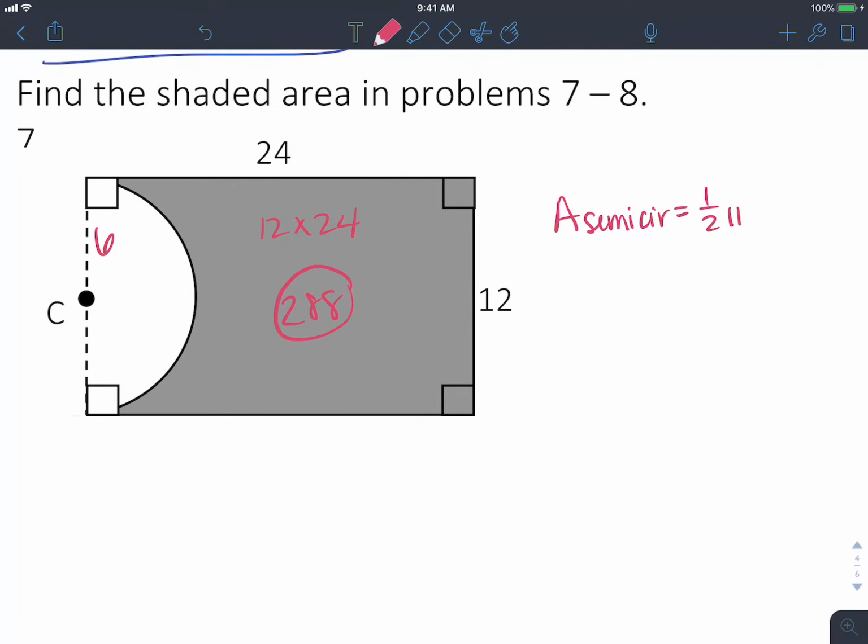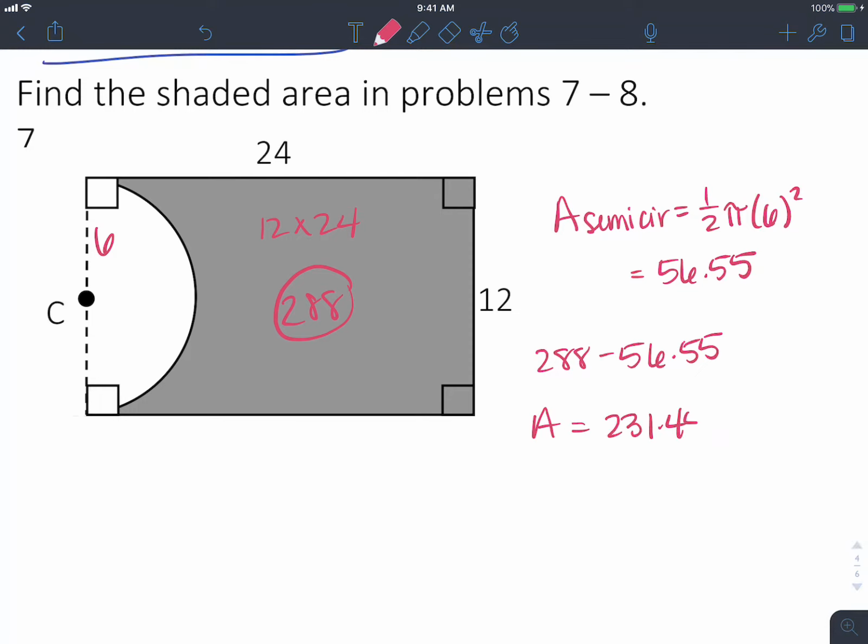So it's going to be 1/2 pi times 6 squared. And that is going to come out to be 56.55. So we're going to take the two areas and subtract. So 288 minus 56.55. And our area is going to be 231.45.